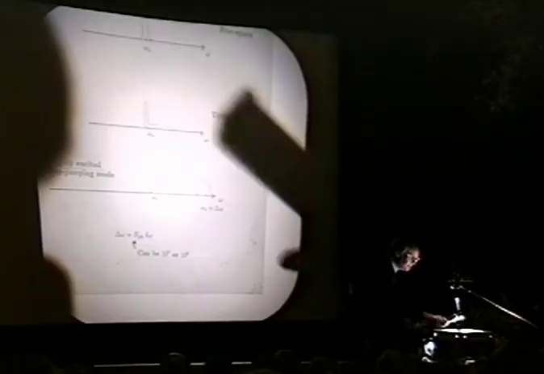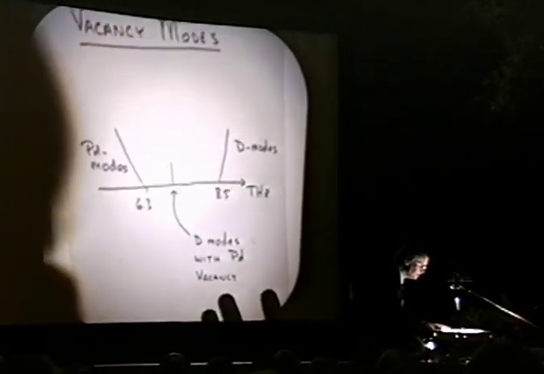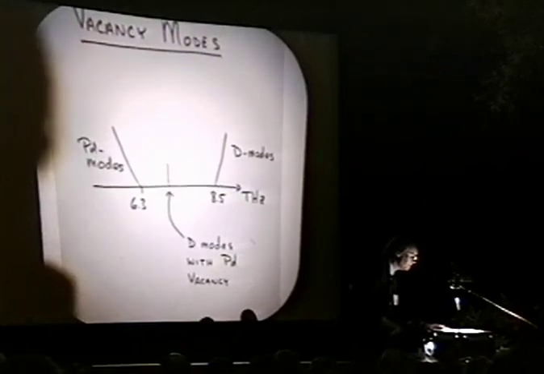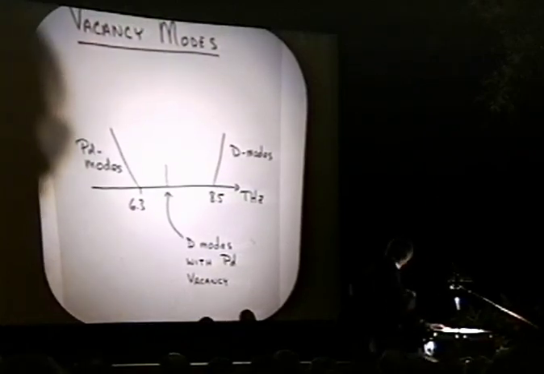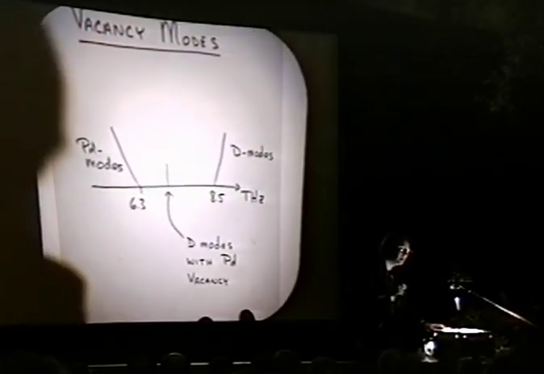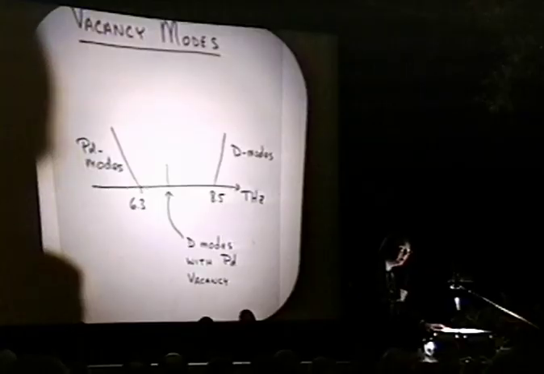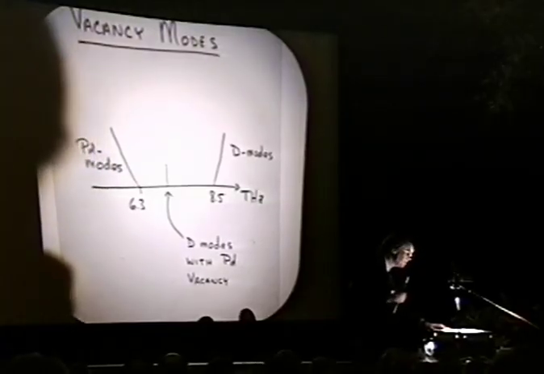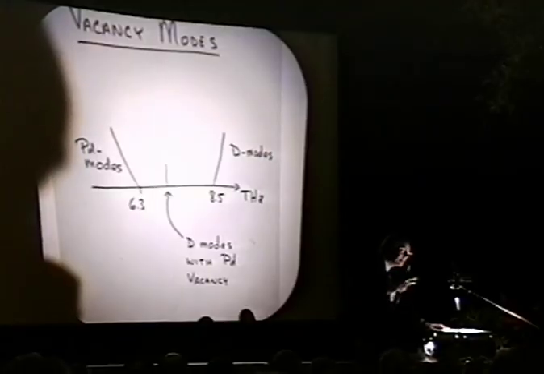Recently, it's dawned on me that possibly the most important modes in playing the Dirac problem, or really interesting gap jumping modes, are going to be modes in which deuterium gets displaced. What happens is the Dirac modes, in the presence of a palladium vacancy, get shifted to lower frequency.